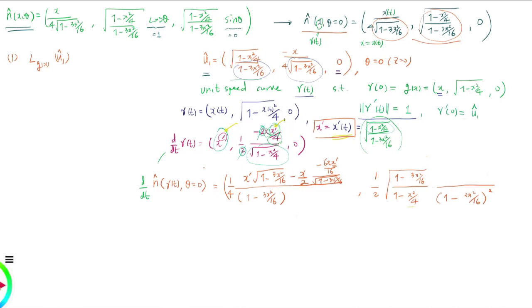We take the square of its denominator, and we take a t derivative on the numerator first, and we multiply by its denominator, minus 1 minus x squared over 4, and take the t derivative on the denominator, which is negative 6 x prime over 16.